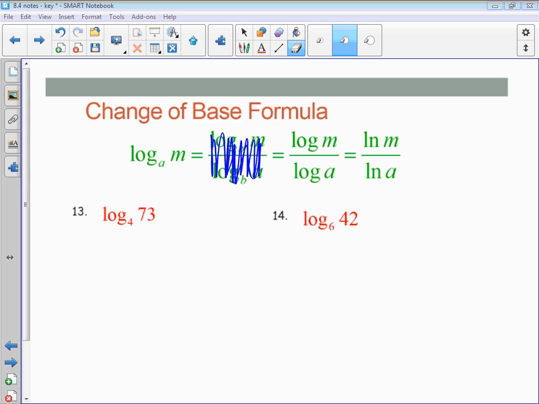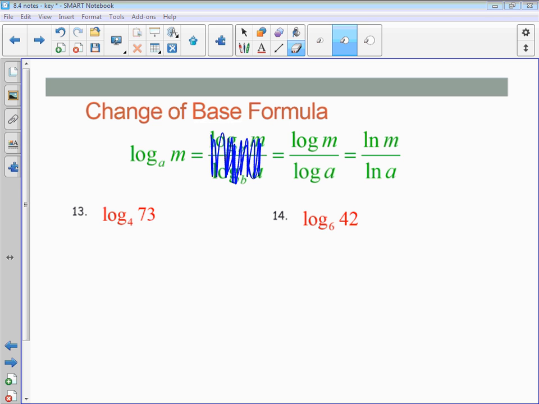When we're doing the change of base formula, this is an easy way to enter it into your calculator if you are going to have a calculator, or I might just ask you how would you write this with a change of base. The base goes in the basement: whatever the base is is always the denominator, and whatever you're taking the log of goes on top. You can do it with logs or natural logs, it does not matter.